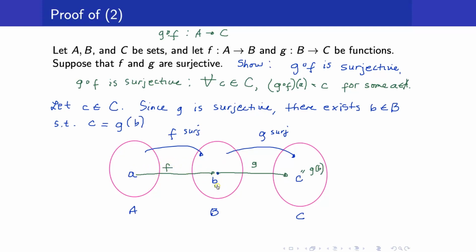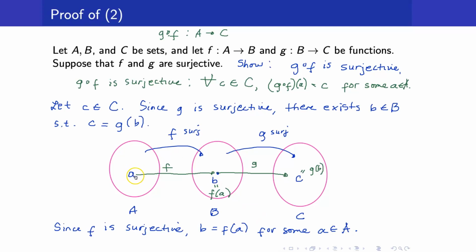Meaning to say your B here is your F of A. We can write every element in the codomain as the image of some element in A because F is surjective. So we write here, since F is surjective, B is equal to F of A for some A in capital A.